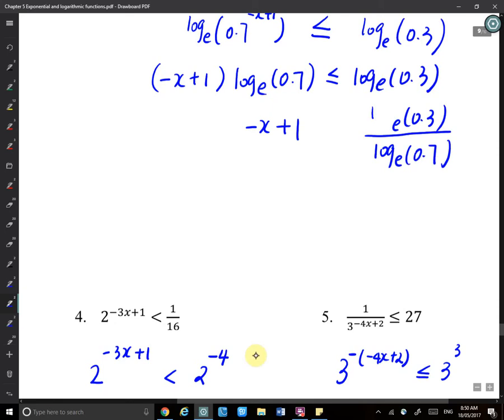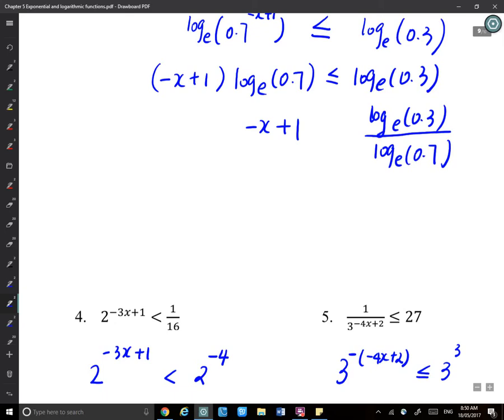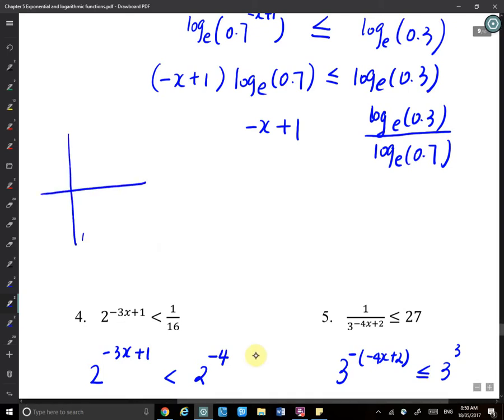What should the sign be here? Should we change the sign or not? At what case do you change the sign? When you divide by a negative number, right? Let's have a look. What is log e 0.7? Where is 0.7 on the graph? The log passes through 1, 0, and 0.7 is to the left. Do you have a negative value or a positive value? That's a negative value.